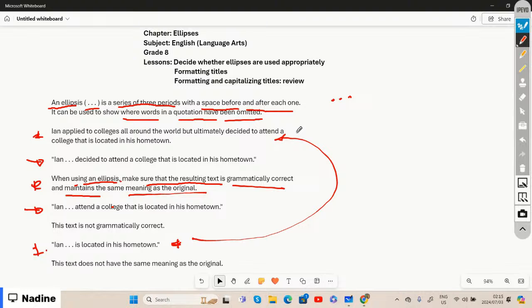Which means that your text still needs to keep the same meaning as the original text, which means that our resulting text needs to still maintain our grammatical order and still be grammatically correct.